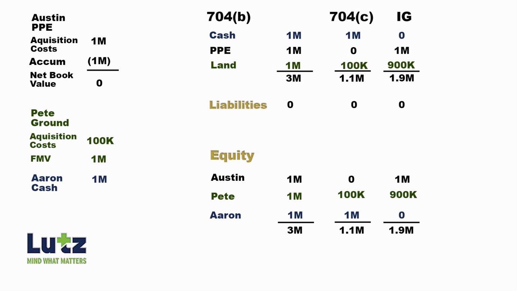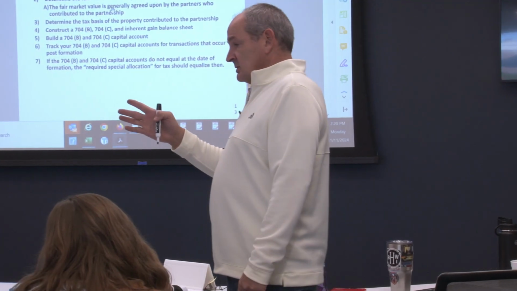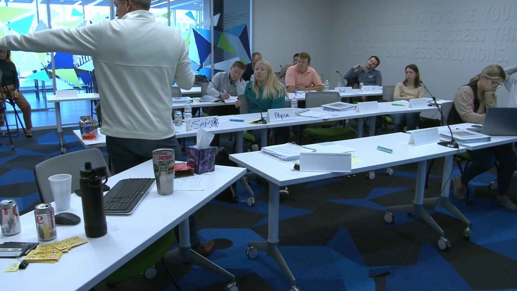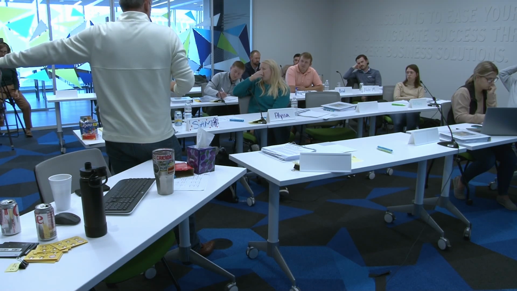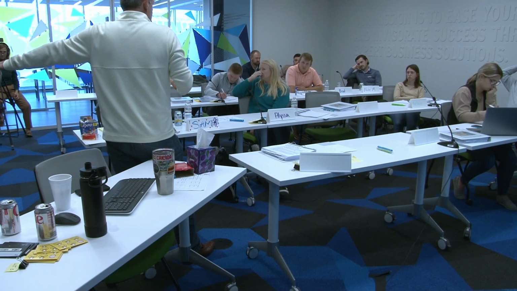So the construction of the fair value balance sheet and the tax basis balance sheet tells us that in the equity section, Austin has a built-in gain of $1 million, Pete has a built-in gain of 900,000, and Aaron has a built-in gain of 0.